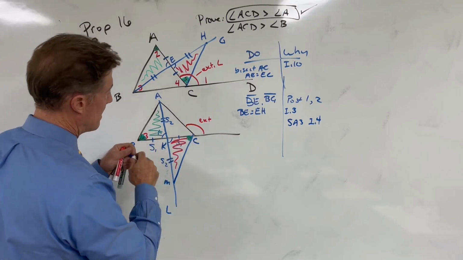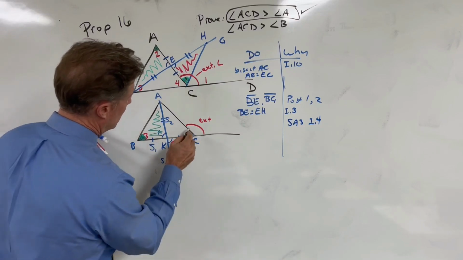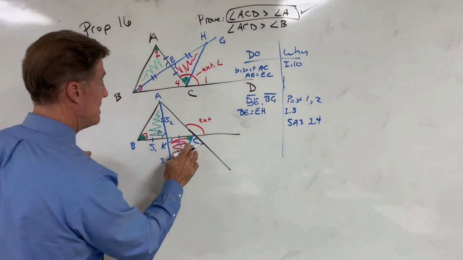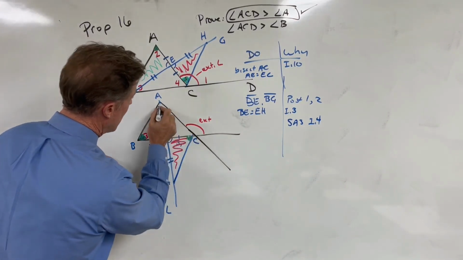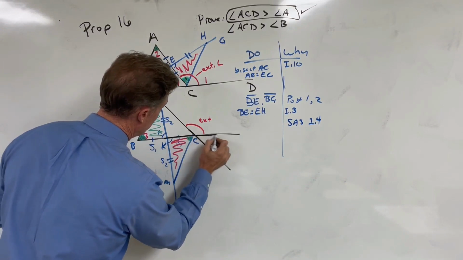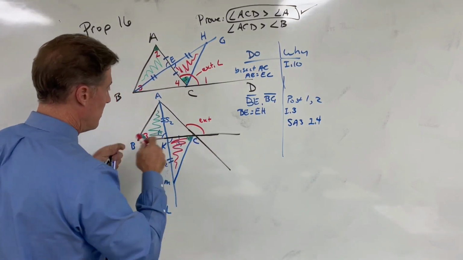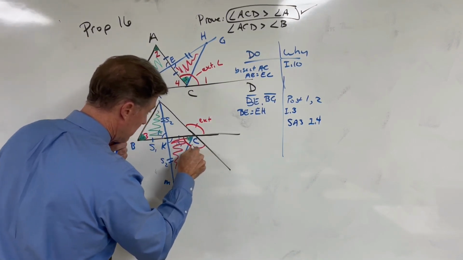Well, how does that help us? Well, we need to extend this way. And what we'll see here, we can kind of imagine this. Notice we have two lines intersecting here, and it's going to make our vertical angles equal. So this angle is going to be equal to its vertical angle, this.